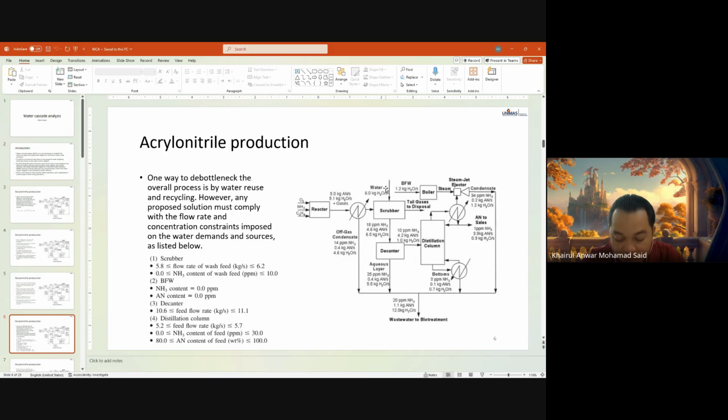So that's why we increased the concentration to 10 ppm. Otherwise, we cannot redirect it if we choose 0 ppm.